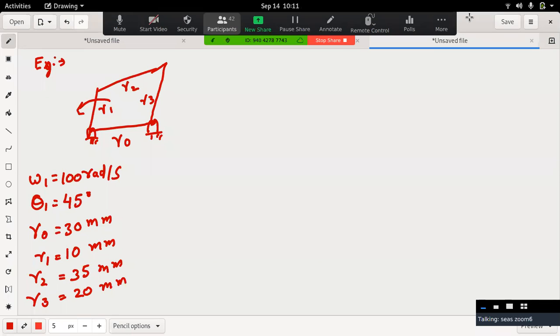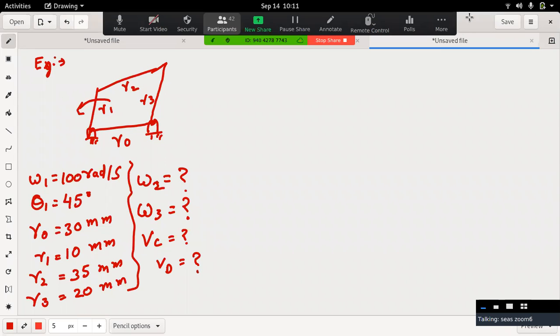Our objective is to determine omega 2 and omega 3, that is the angular velocity of links R2 and R3, the velocity of point C, and the velocity of any other point. Let's say it is point D, which is part of link R2.